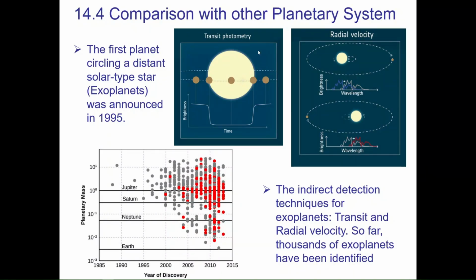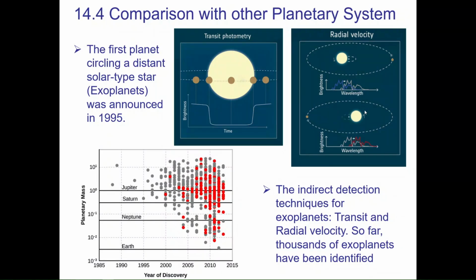This is a very popular technique for detecting exoplanets. This way, we can also estimate the overall size of the exoplanet, because larger planets result in a larger decrease of brightness, and smaller planets result in a smaller decrease of brightness.